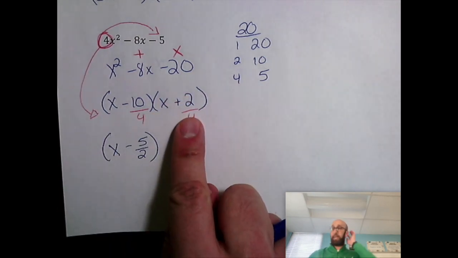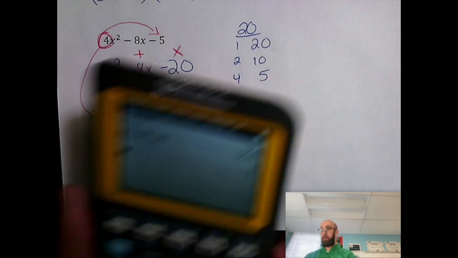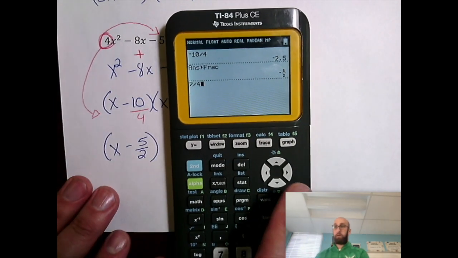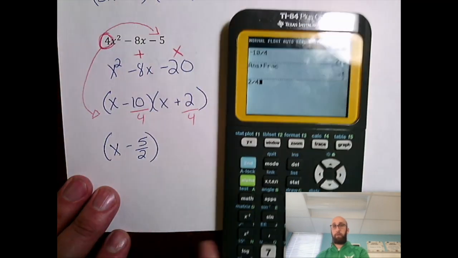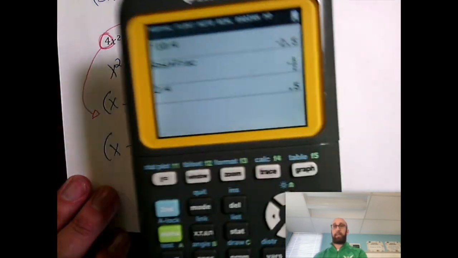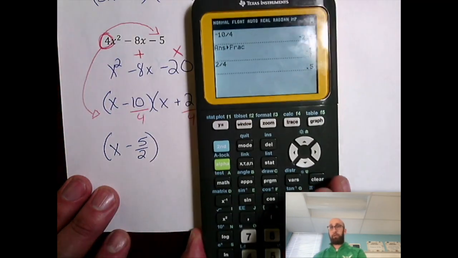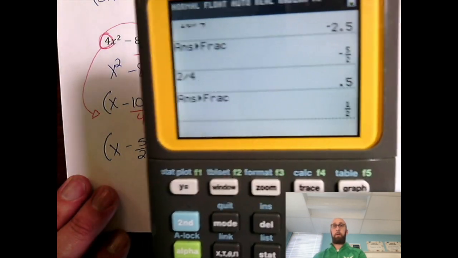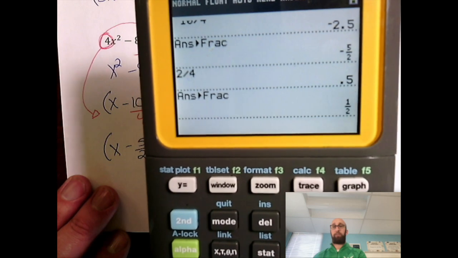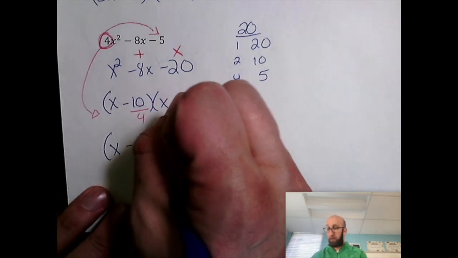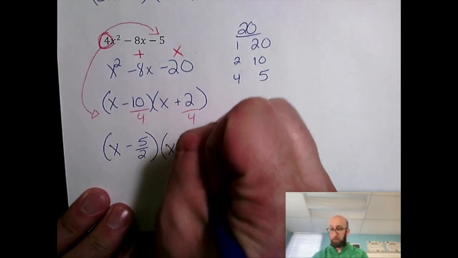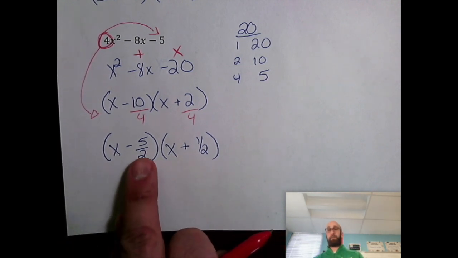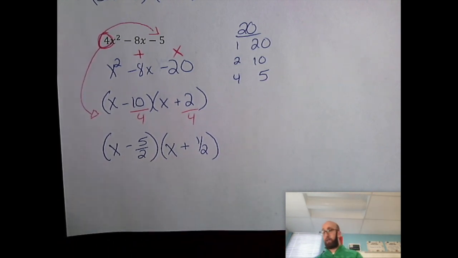I'm going to try the same thing with my back division there. 2 divided by 4. I get a decimal. And if you're not sure what that fraction is, math, enter, enter, will give you the most reduced fraction there. 0.5 is the exact same thing as 1/2. So x plus 1/2. Now we do not want these fractions in my factors, so we're going to clean it up a little bit.